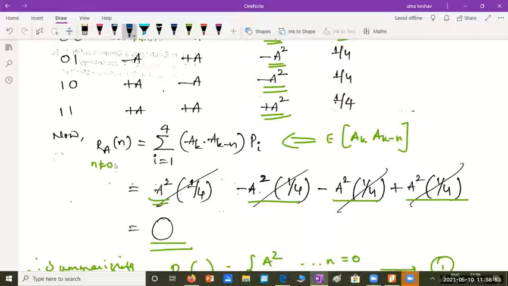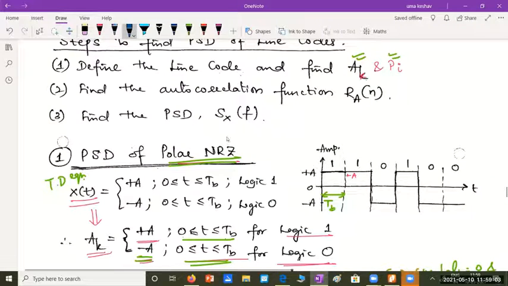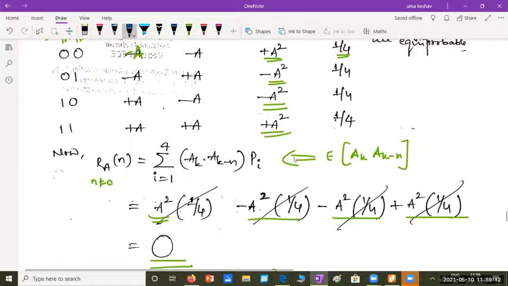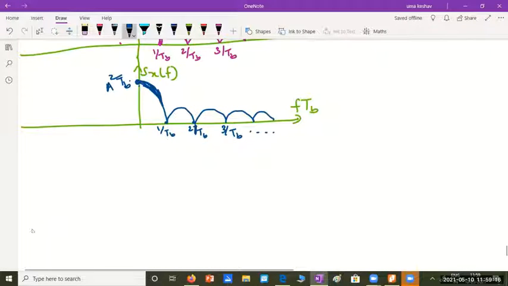Whereas if I consider unipolar functions, this won't become 0, as we will see next. Any doubts here? Please speak up. Or at least message, if you can't speak. Do you have doubts or not? No, ma'am. No doubts.